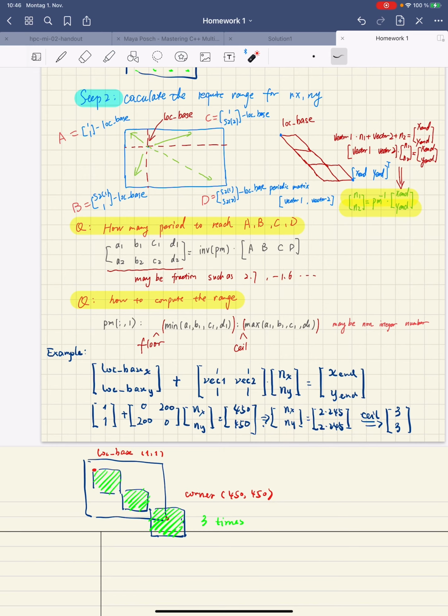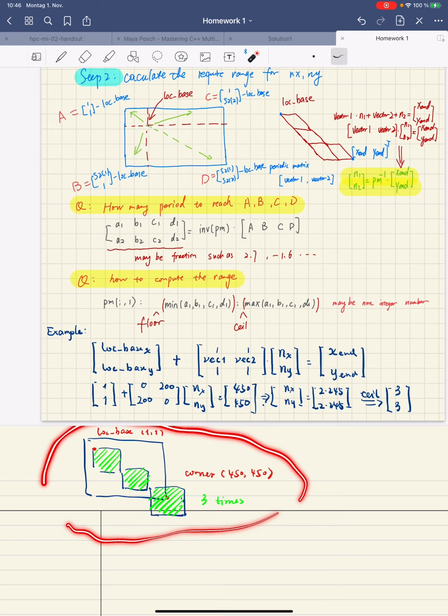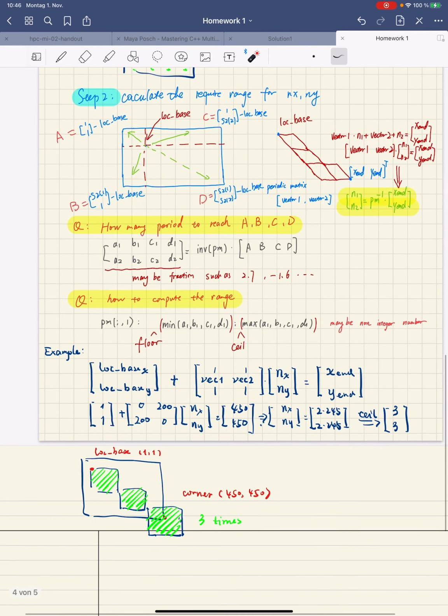This has decimal numbers, which means we need not just 2, we need 3. Take a look at this part: 1, 2, 3. So the copy operation will be 3 instead of 2. That's why we need to round this up to 3.